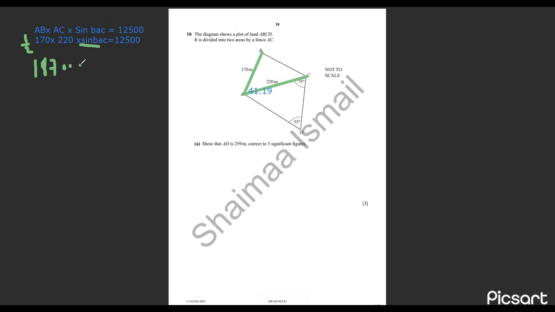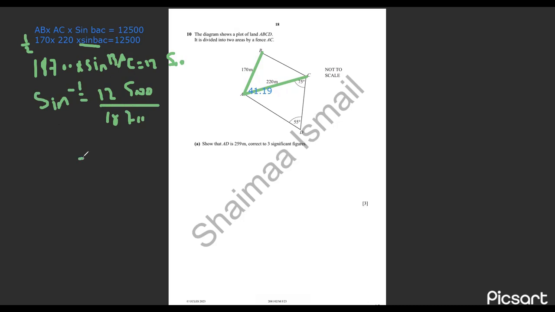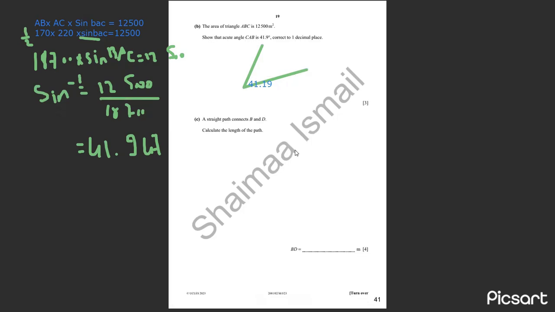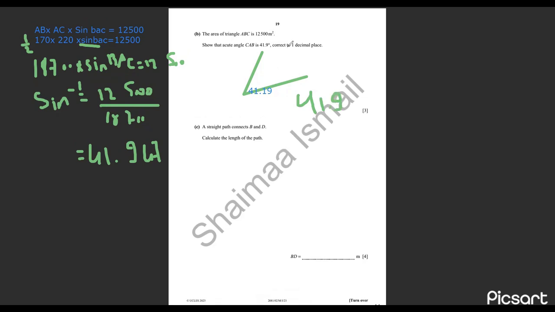Multiplied by sine BAC equal to 12,500. And now we're going to make shift sine of 12,500 over 18,700. It gives us a final answer of 41.947. So we already get it. Okay. This is the second page here. So we show it as equal to 41.9, approximately 250.